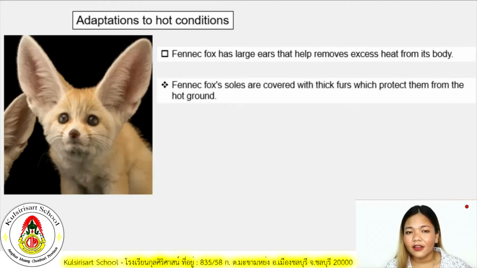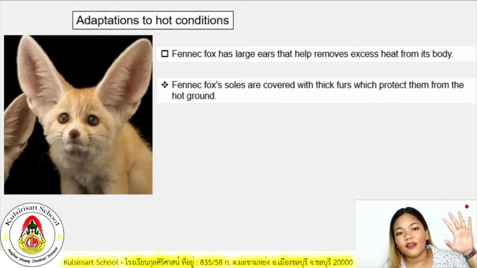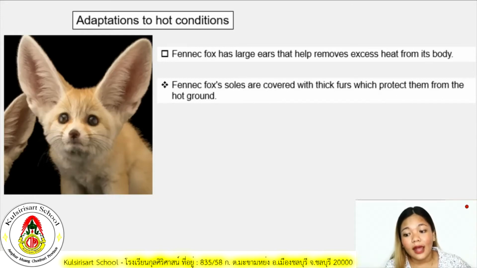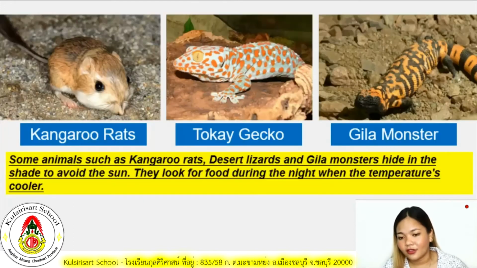And we have here another one. Fennec fox soles are covered with thick fur which protects them from the hot ground. So the paws or the soles of a fennec fox are actually covered in thick fur which helps them against the hot ground of the desert. Okay? So this is under adaptations for hot condition.